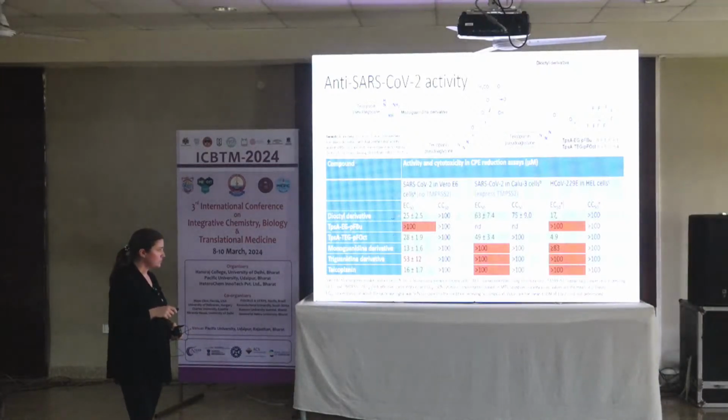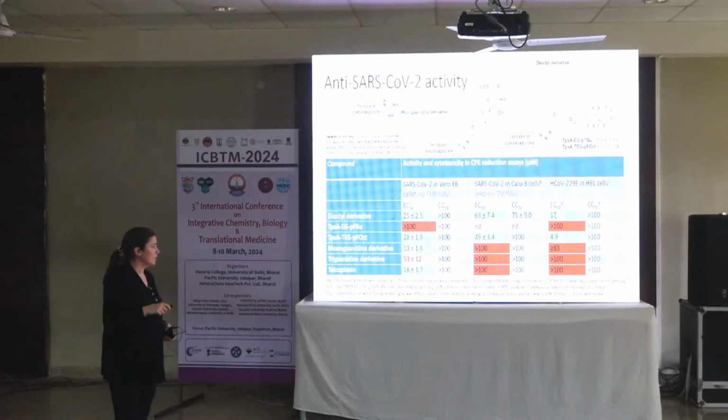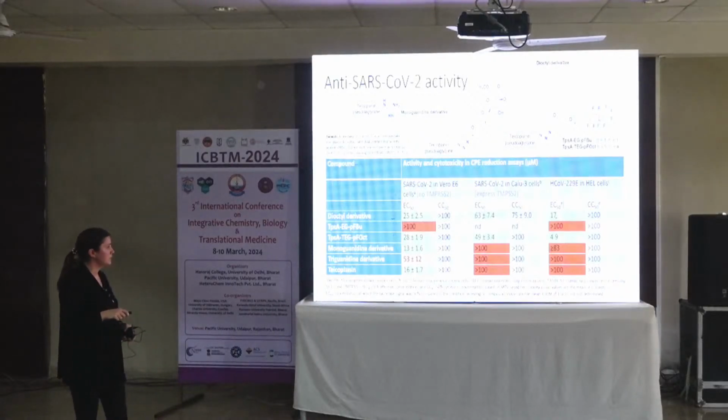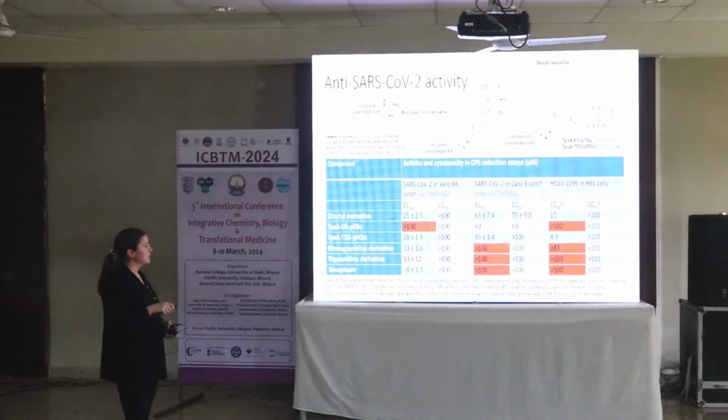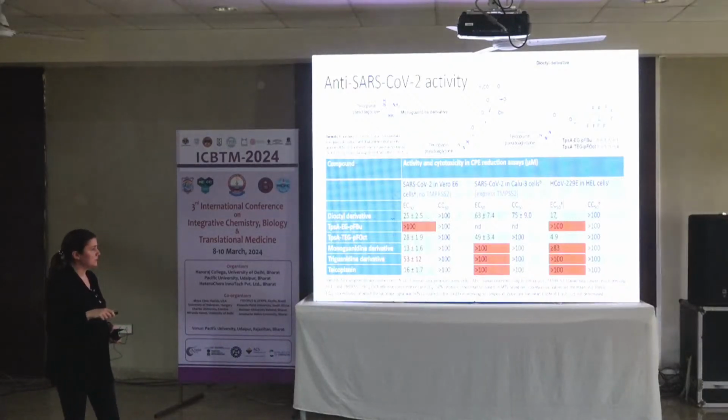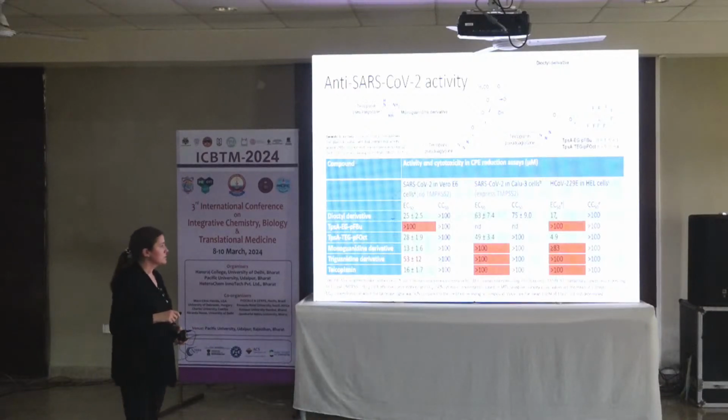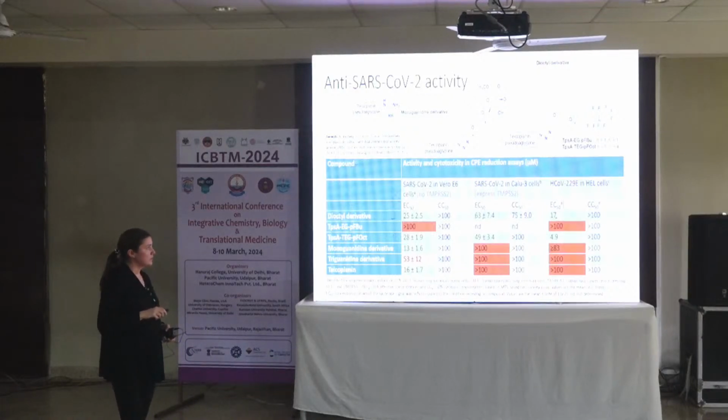In this case, except for the perfluorobutyl derivative, the perfluoro derivatives, the originally synthesized octyl derivative and the monoguanidine derivative have high activity against SARS-CoV-2 in Vero E6 cells, and teicoplanin itself also has activity against SARS-CoV-2, and these derivatives were not cytotoxic in Vero E6 cells.